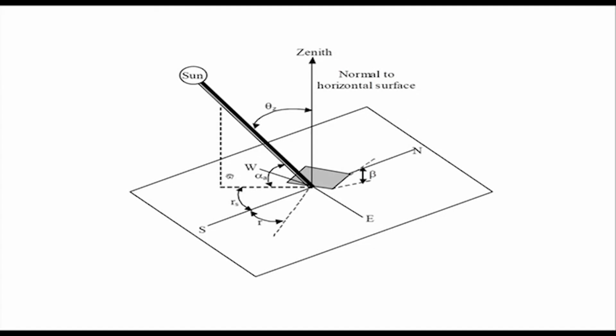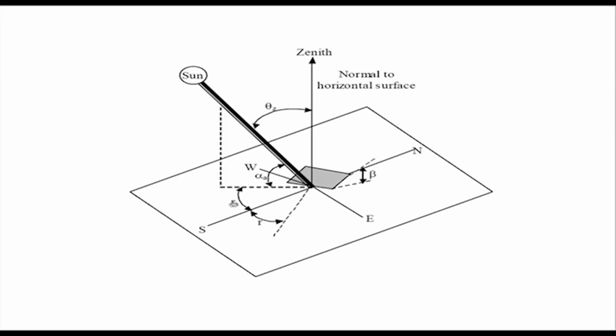This is an old picture that we have recalled to show you the sun's azimuthal angle, the projection of the sun's ray on the horizontal plane. The deviation from the north-south line is gamma_s, the sun's azimuthal angle.